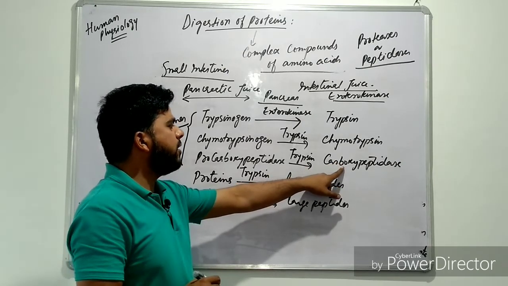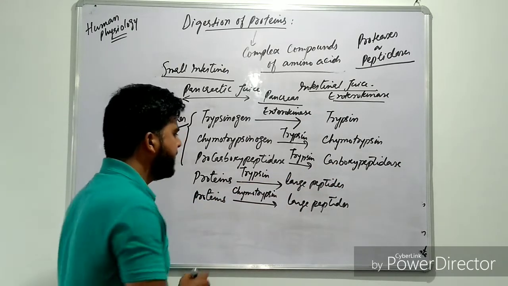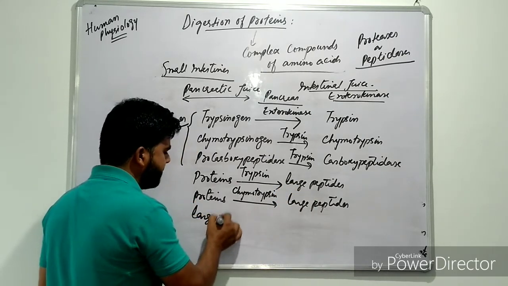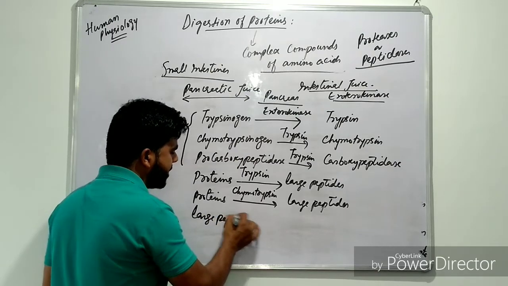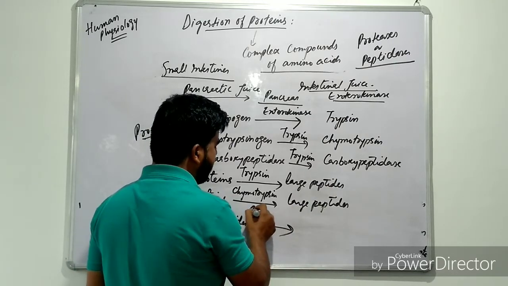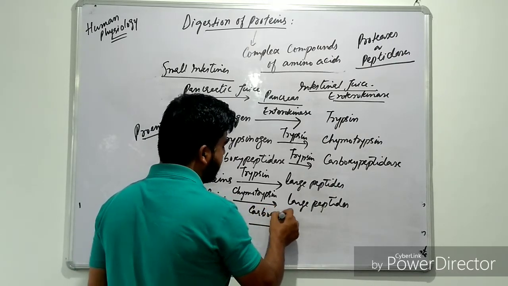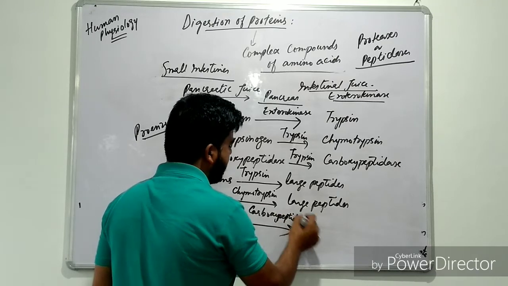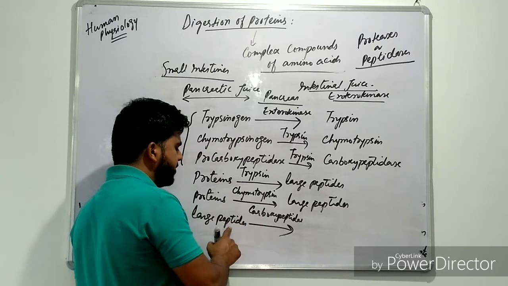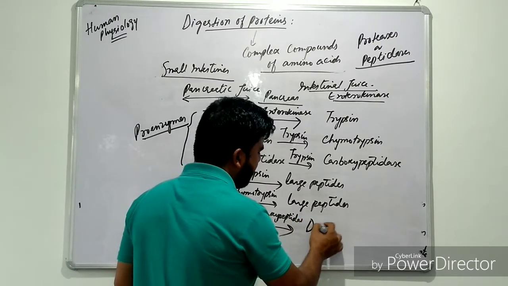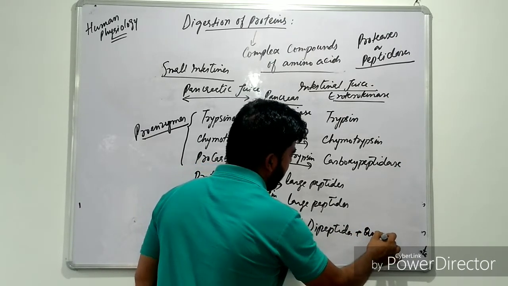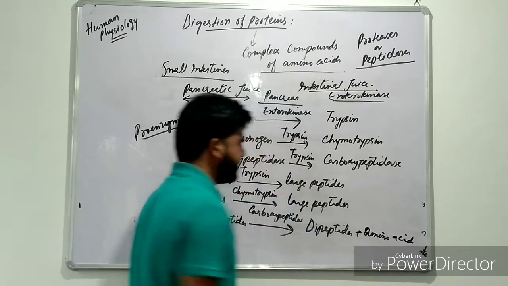Now what does carboxypeptidase actually do? It will act upon these large peptides. We have large peptides from the stomach and large peptides formed in the small intestine. These large peptides will be acted upon by carboxypeptidase, and when carboxypeptidase acts on them, we get dipeptides and some amino acids.